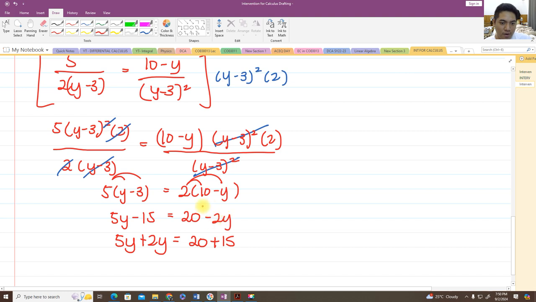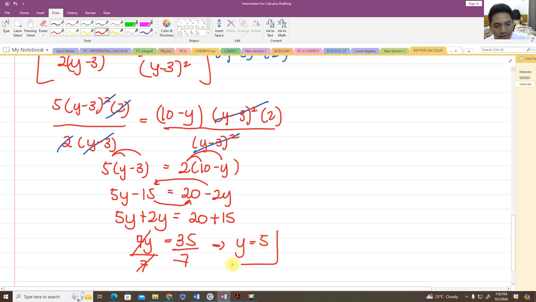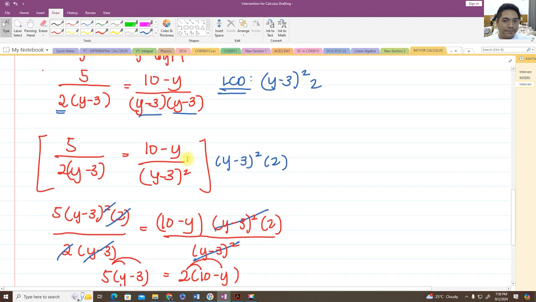I just transpose negative 2y to the left side and negative 15 to the right side so that their signs change. So 5y plus 2y becomes 7y, and 20 plus 15 is 35. Dividing both sides by 7 to eliminate the 7, you now have y equals 5. 35 divided by 7 is 5: 7, 14, 21, 28, 35. That is 5.